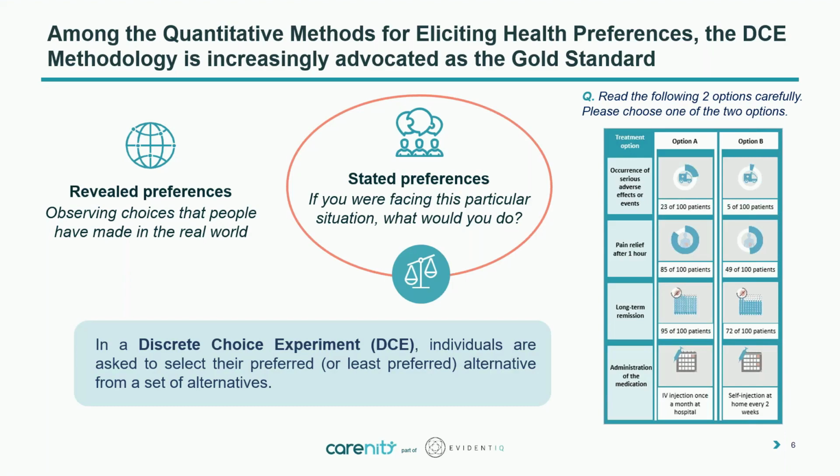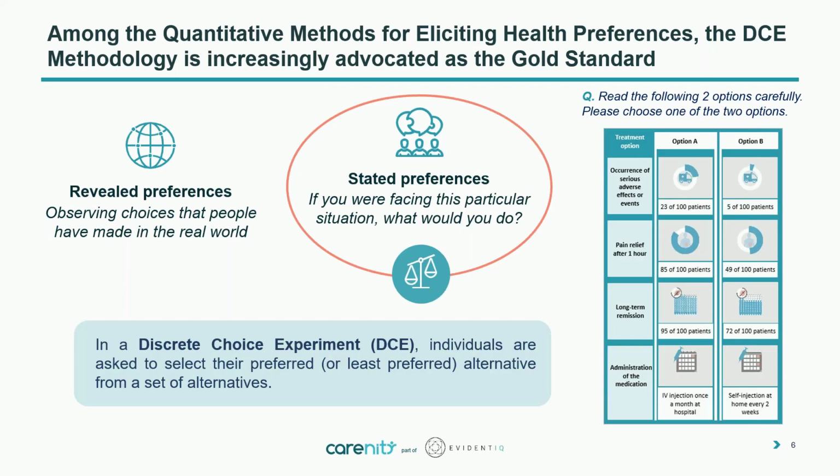In this type of methods, the subject is asked how much they value something. The Discrete choice experiment, or DCE, is a stated preference method increasingly used in healthcare to elicit patient preferences. In a DCE, participants are asked to state their preferred choice between several competing treatment alternatives.